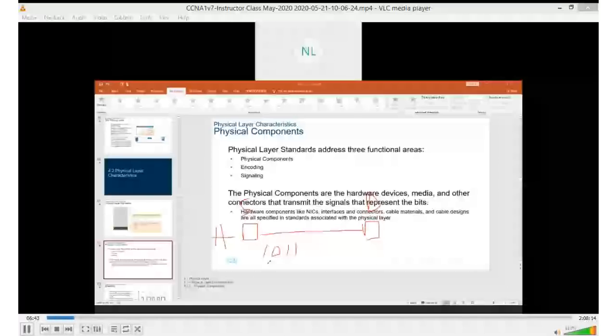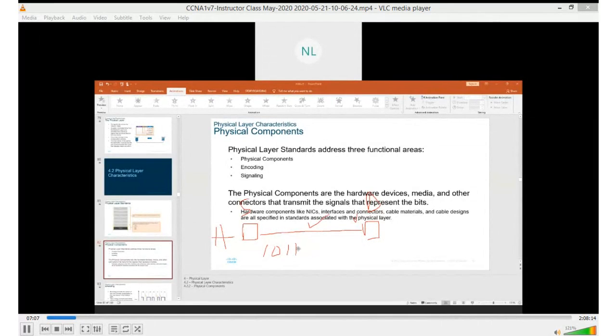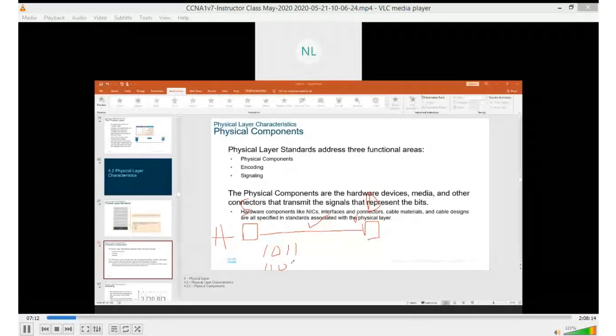So it is not just going to be any ones or any zeros. It has a pattern, like the Manchester, which we use. It has a pattern of how you arrange the bits. And it is the physical layer that controls how it is going to be arranged so that the media, whatever type of media it is, will understand, and then the receiving device will also understand. For example, if we don't have a structure, a pattern on how to convert these ones and zeros, let's say this one just converted to 1, 1, then 0, 1, which is going to be different from this.